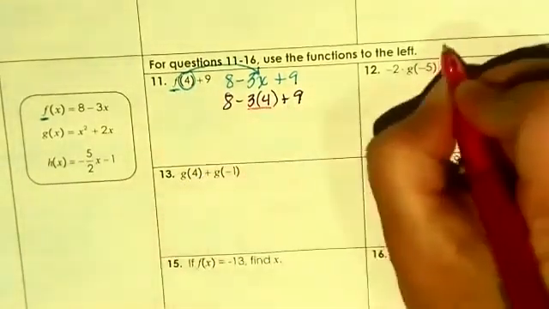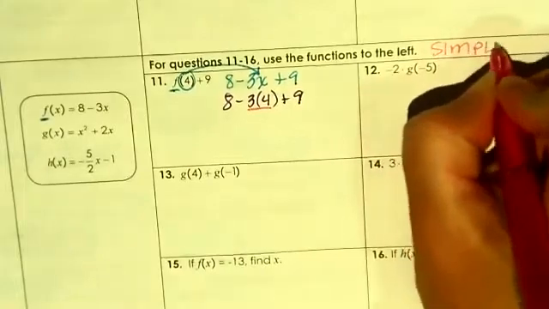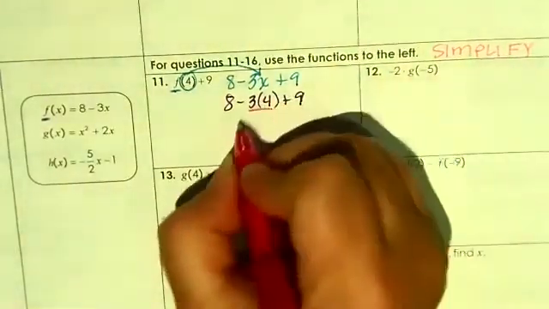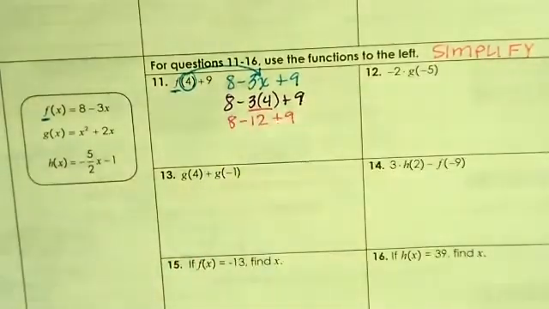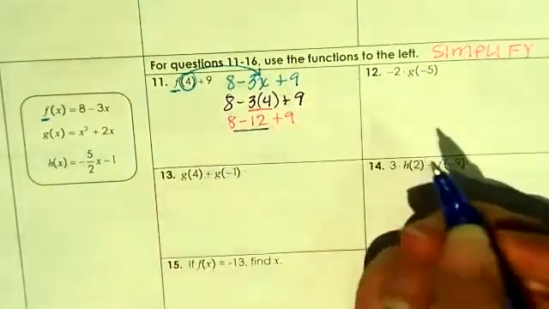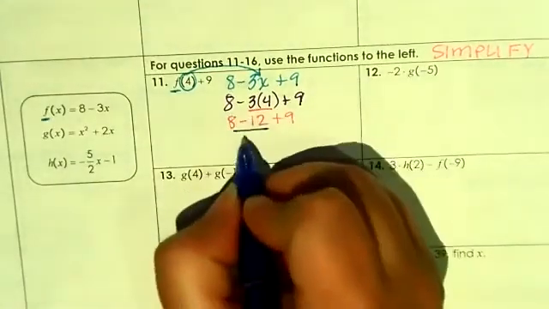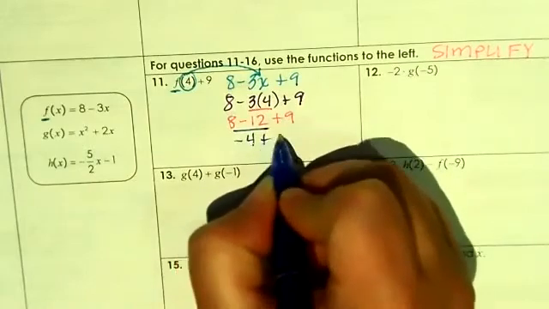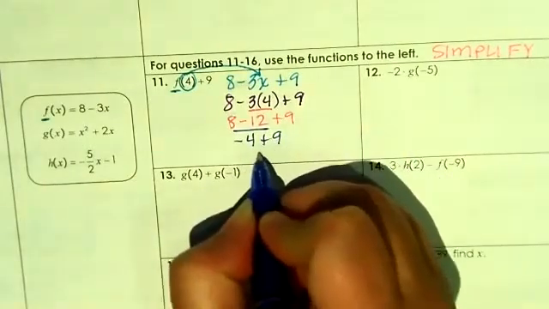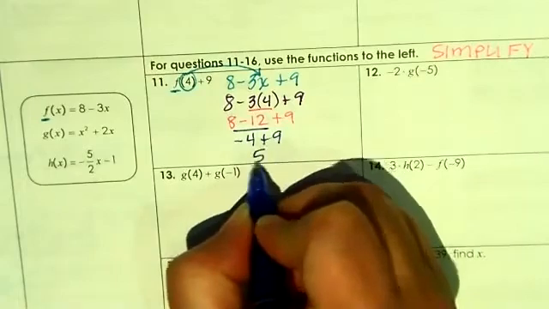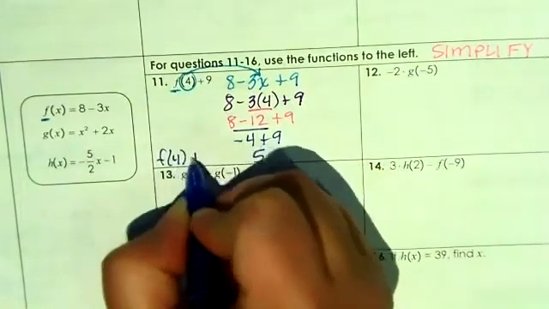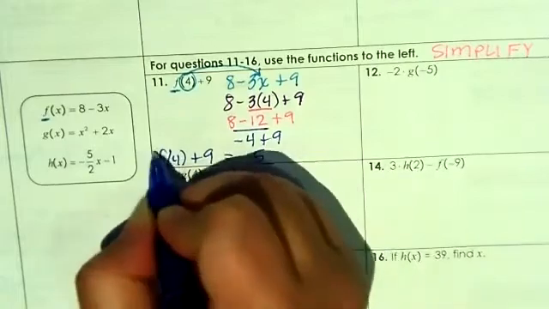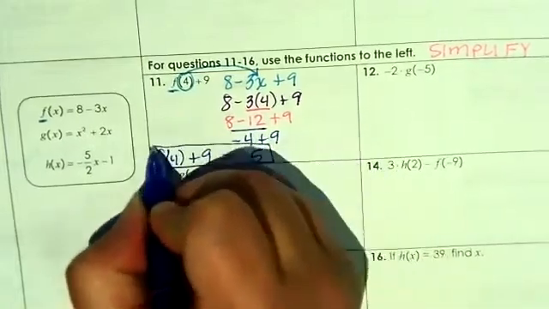We're simplifying. So we have 8 minus 12 plus 9. And we just follow our order of operations. 8 minus 12 is negative 4 plus 9, which gives me my final answer of 5. So we would say f of 4 plus 9 equals 5.